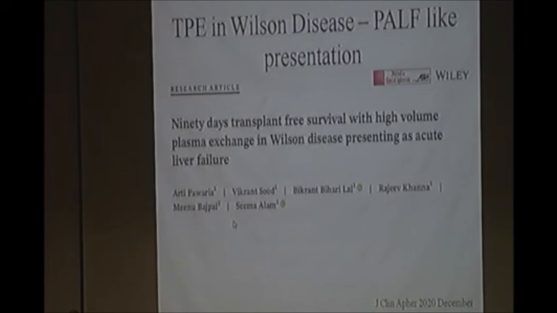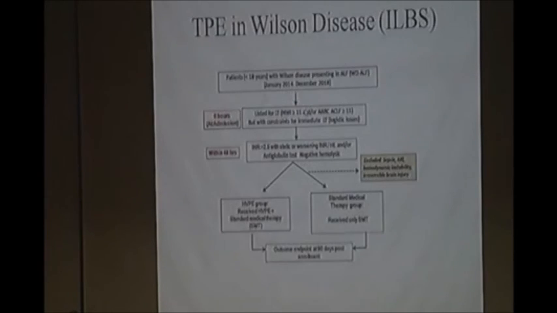But we recently, last month, published a part of a study where plasma exchange was done for Wilson disease patients. In this study, we included patients listed for liver transplantation based on NWI more than or equal to 11 and/or ARC score more than or equal to 11.